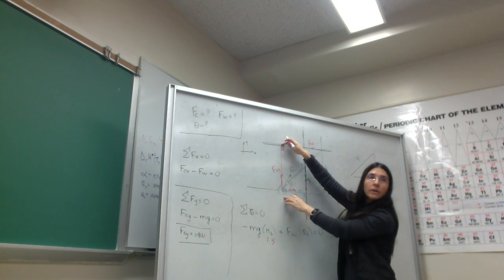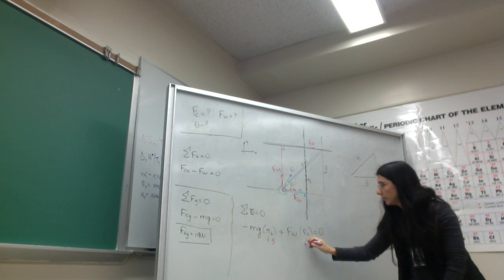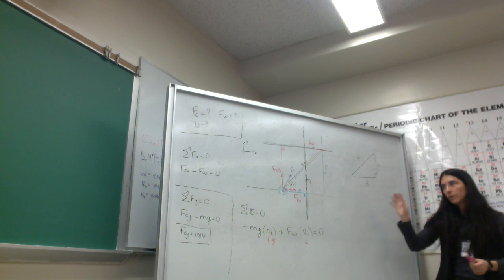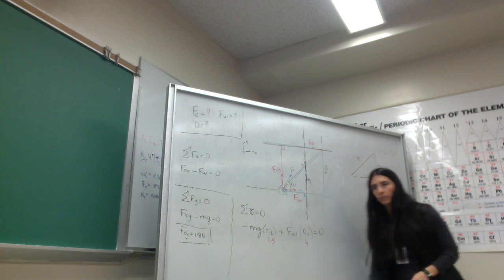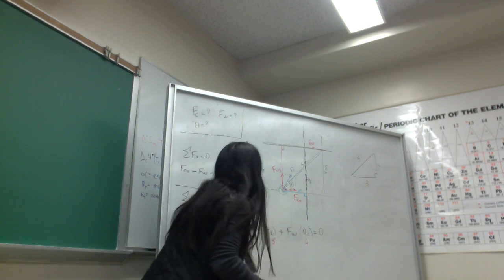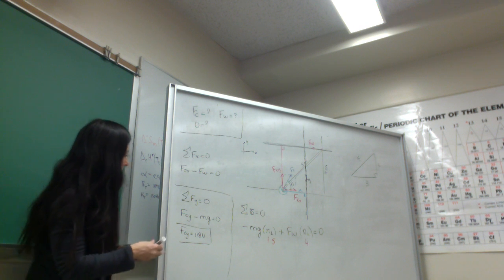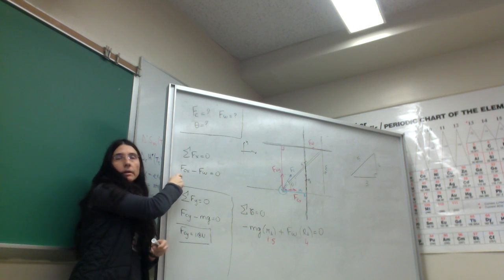So this is 4, and so I put 4 here. Then you can find the FW. Once I find this force from the wall, we can go back and find the FCX.